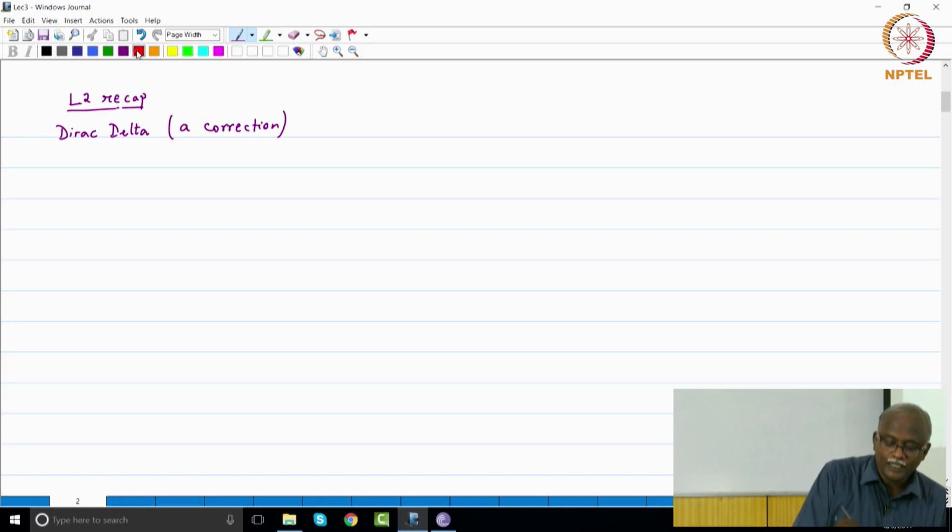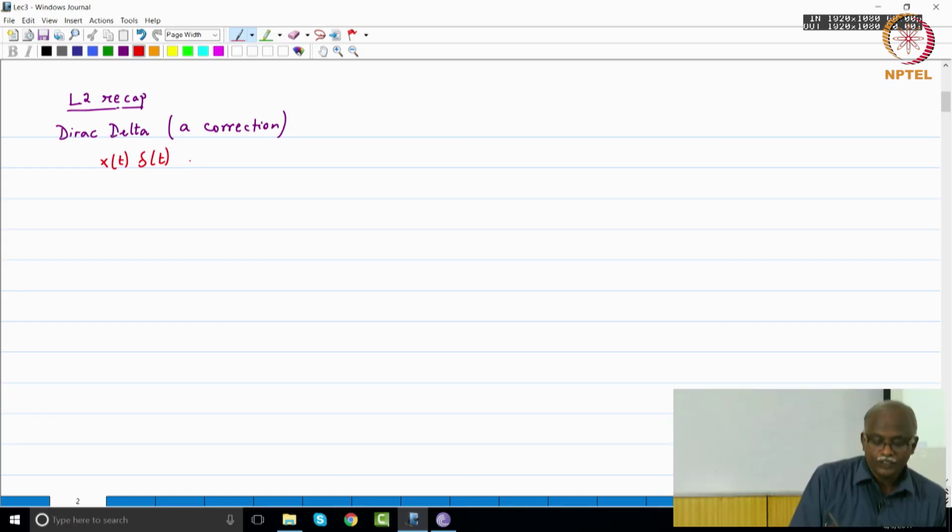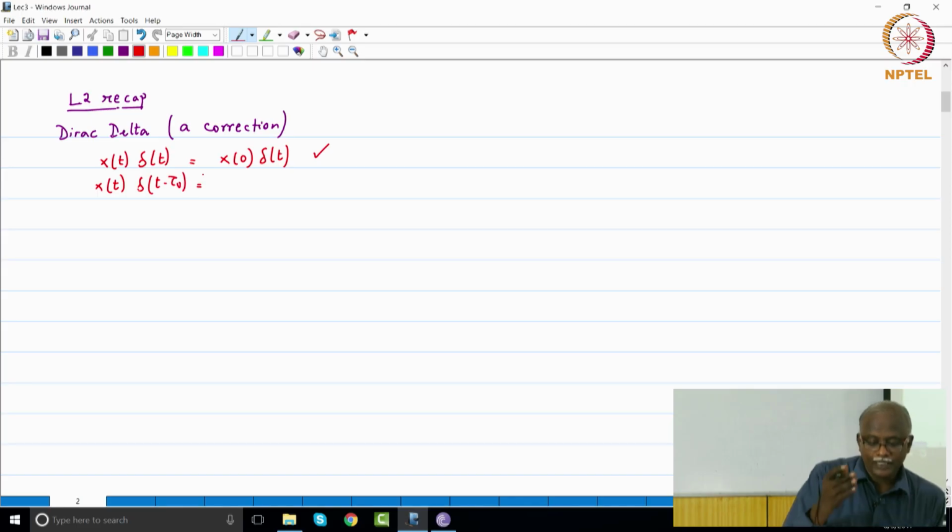So yesterday we did write down the following result: x of t multiplied by delta of t. This is the same as x of 0 times the delta of t, because the function gets killed everywhere except where the delta function is non-zero. This was fine, the way we had written it down. The second one was where we had made an error: x of t times delta of t minus tau naught. This is a Dirac delta function positioned at t equal to tau naught.